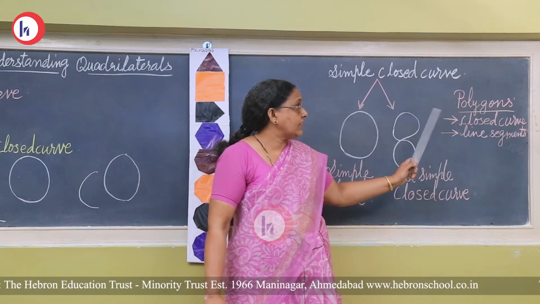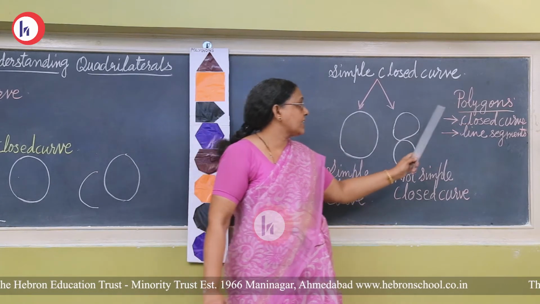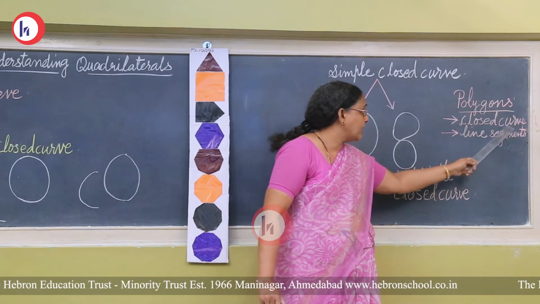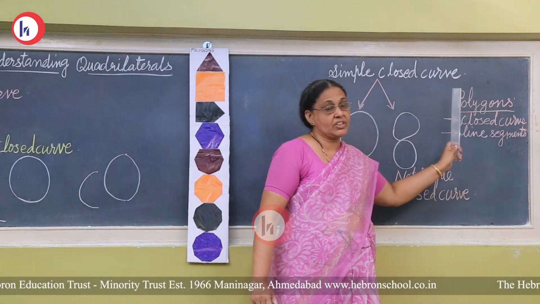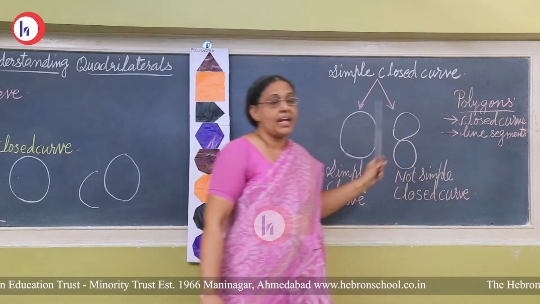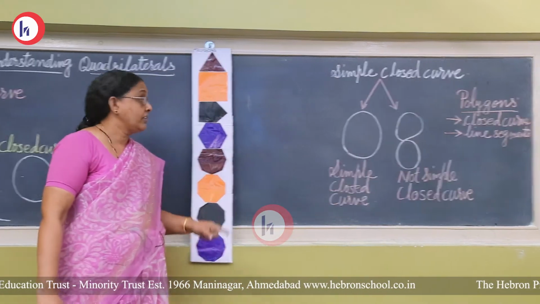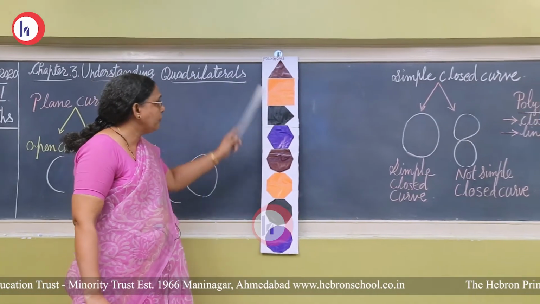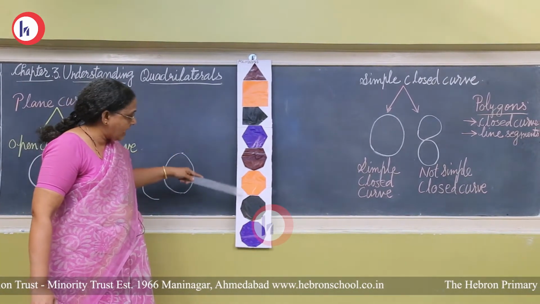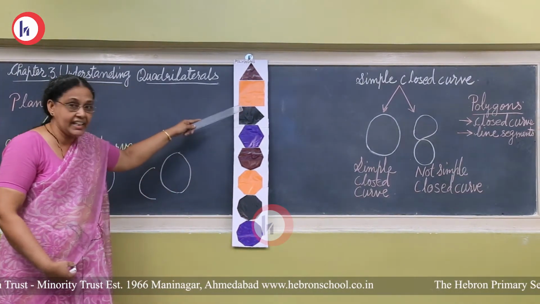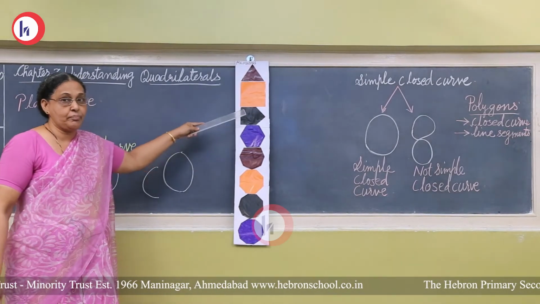Again we can define it: a polygon is a closed simple curve made up of line segments. Now, on the basis of line segments, polygons are classified into many types.